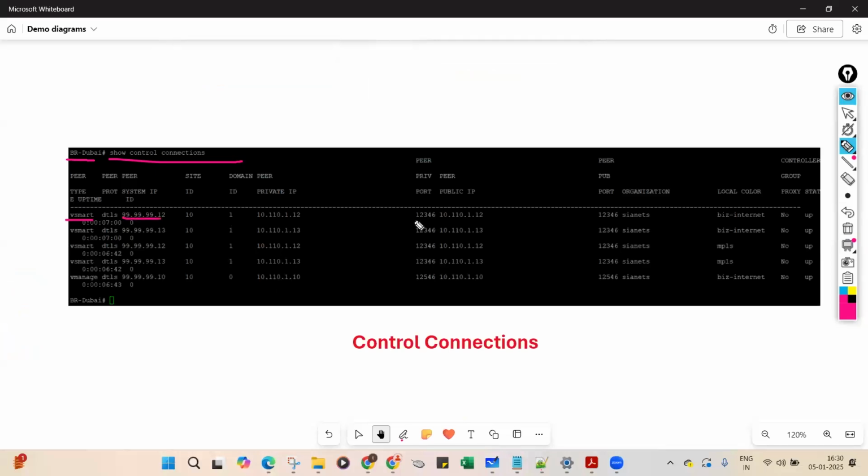It will also show on which port it is being used, via which interface, the interface name, the tunnel timing, how long it has been up in the up state. Apart from that, we will also see the tunnel with the vManage and all the details of those tunnels.